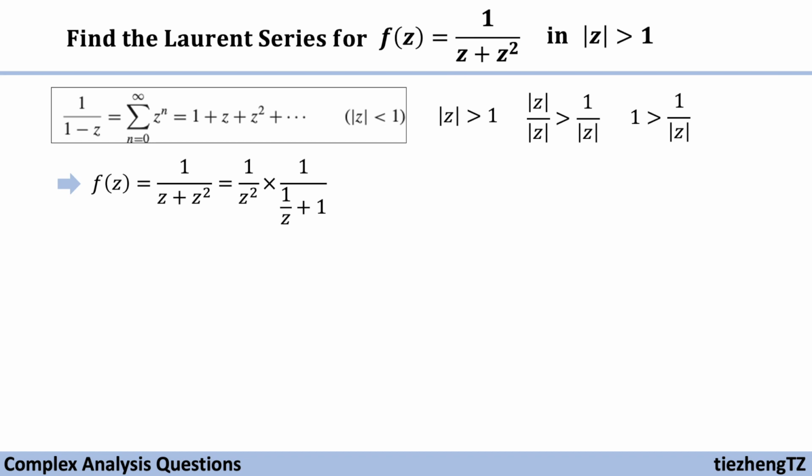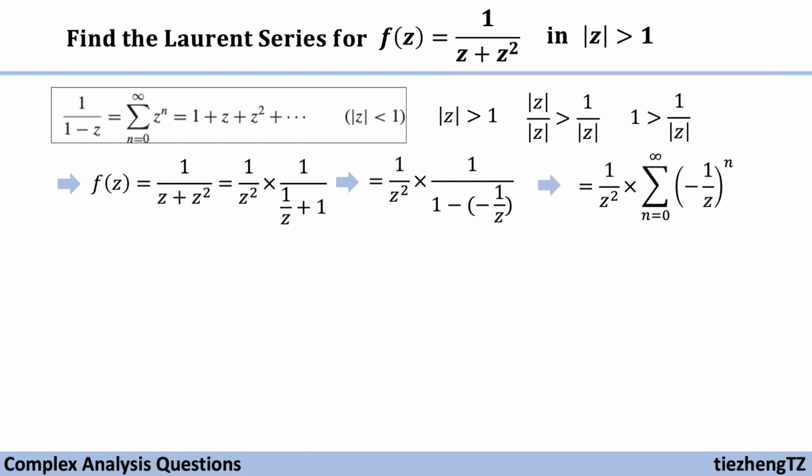And in order to have this 1 minus, we need to do one thing further, which is to change 1 plus 1 over z to 1 minus the negative 1 over z in the denominator part. And since the absolute value of the negative 1 over z is less than 1, we can just use this given format to substitute minus 1 over z into the sum.